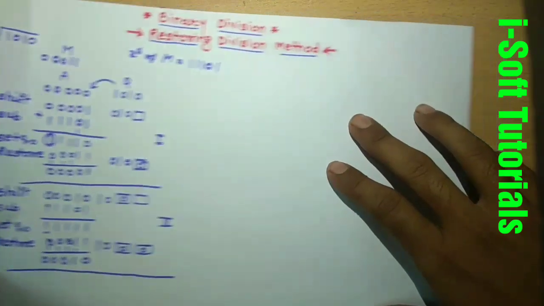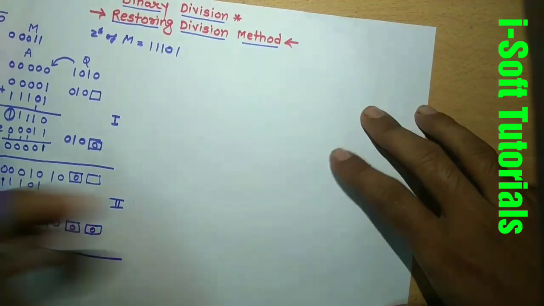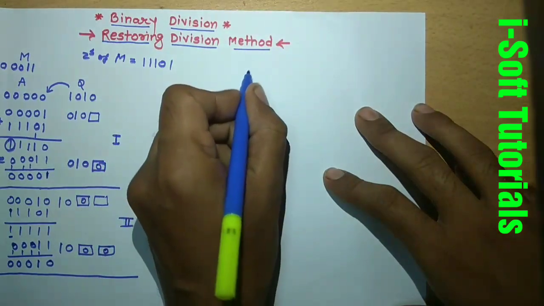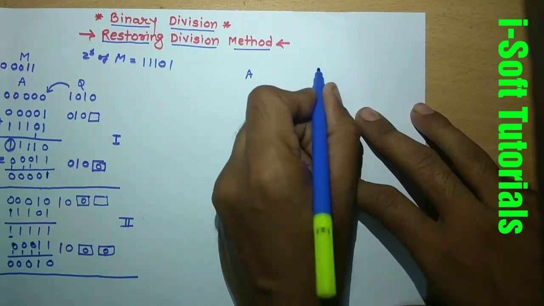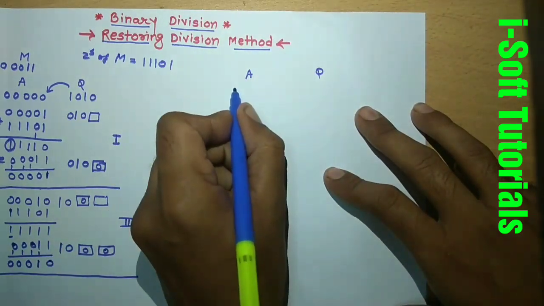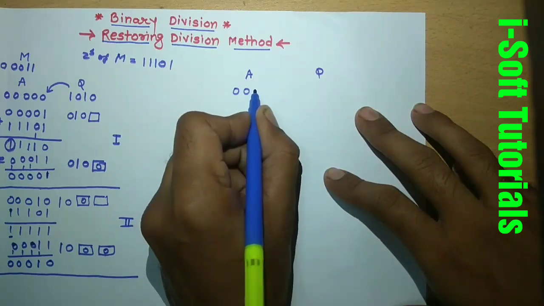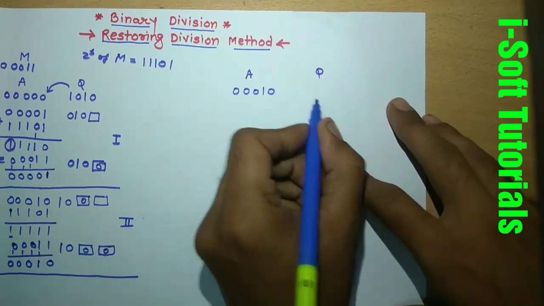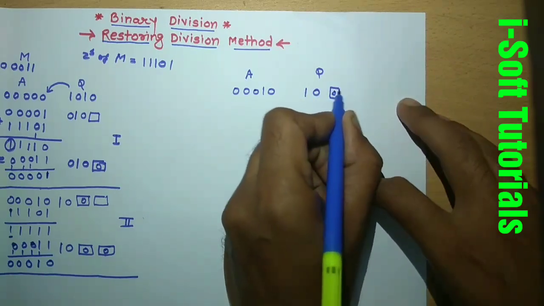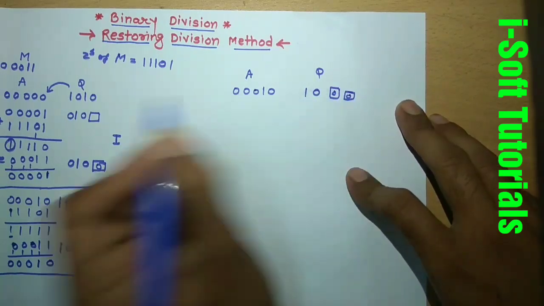I will rewrite here so that we can continue. So again I am rewriting it as A and Q. What is our updated A? Updated A is 0 0 0 1 0 and Q is 1 0. These 2 bits are updated as 0.